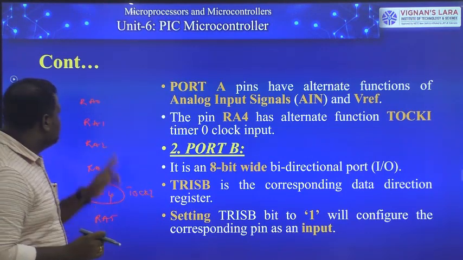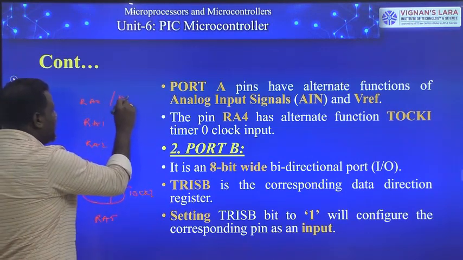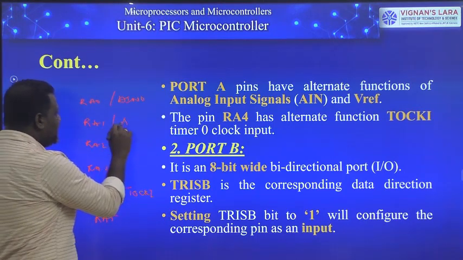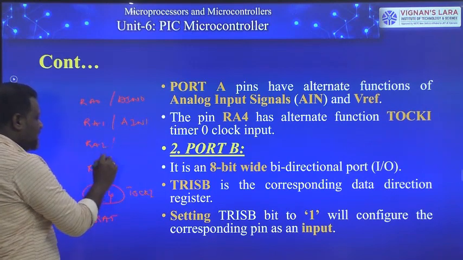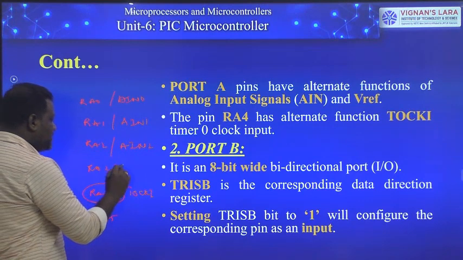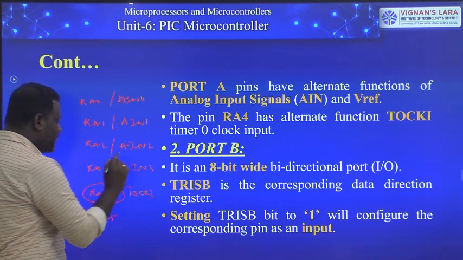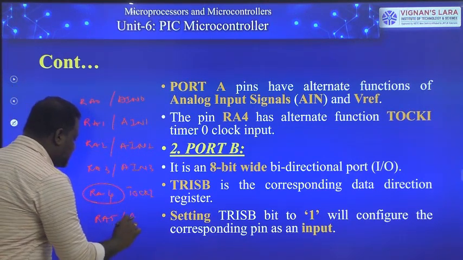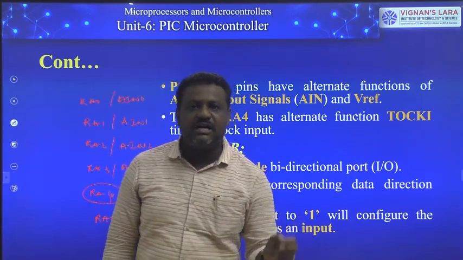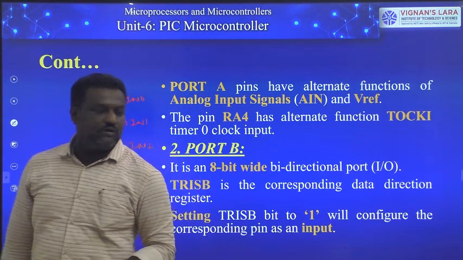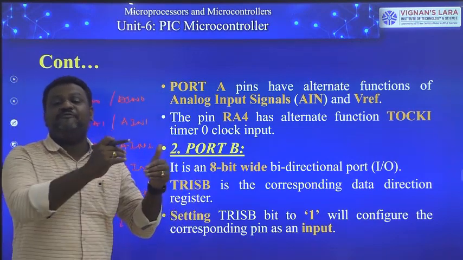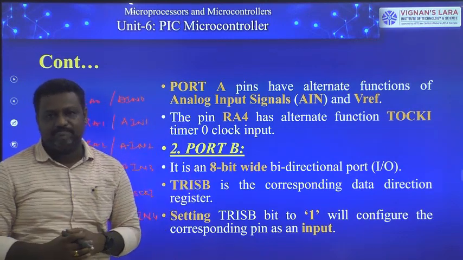RA0 acts as AN0 and RA1 acts as AN1. RA2 acts as AN2, RA3 acts as AN3, and RA5 acts as AN4. Here AN means analog input. With the help of these 5 signals, your ADC gets analog signals from the external world.